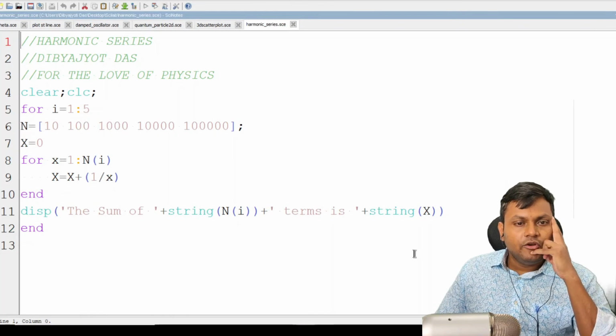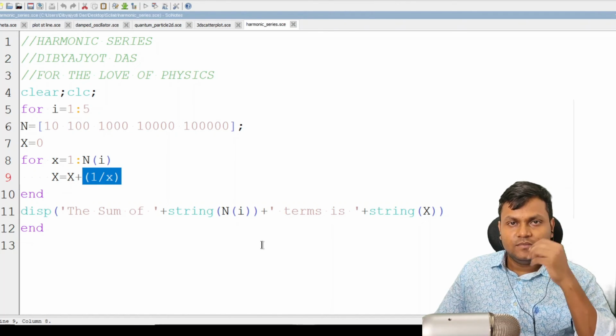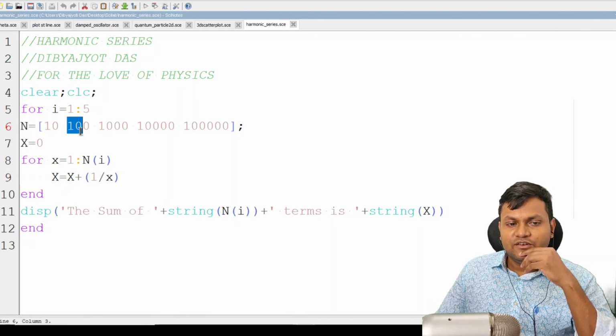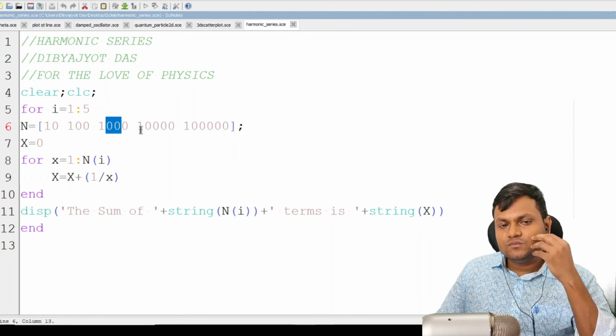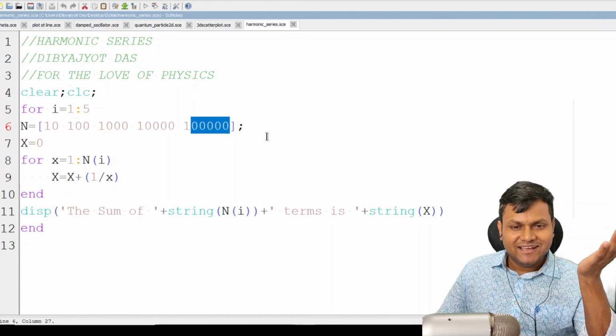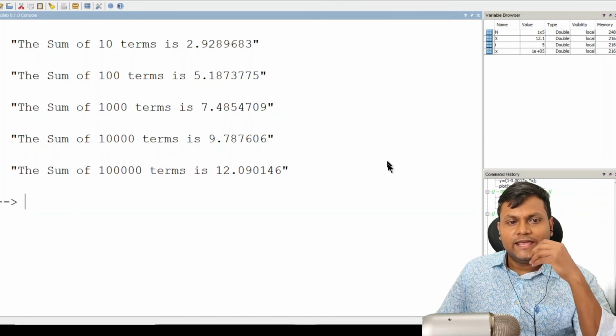So here I have created a very simple program of adding up the reciprocals of numbers, the series that we obtained, for the first 10 terms, the first 100 terms, the first 1,000 terms, 10,000 terms, 100,000 terms. So let's see what kind of sum we get. If I run this program, this is what I get.